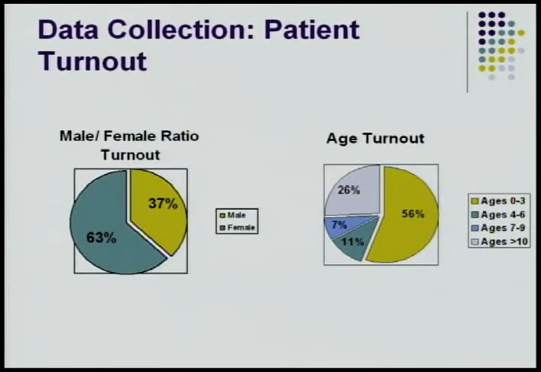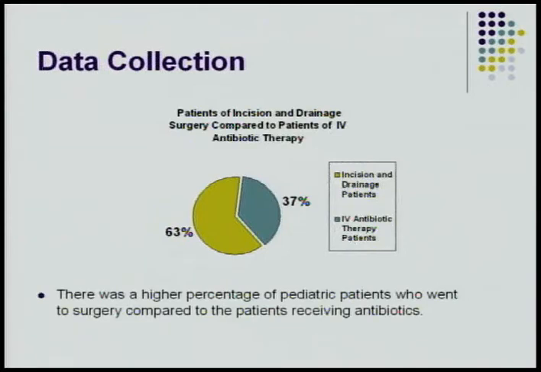The patient turnout was 17 females and 10 males, and over half of the patients were between the ages of 0 and 3 years. 17 of the patients were sent to incision and drainage surgery, and 10 of the patients received antibiotic therapy alone.